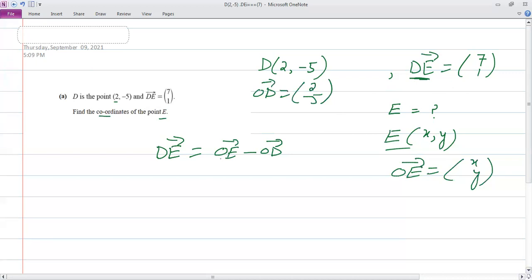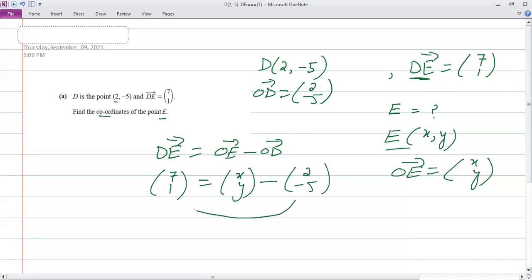Now write all these values here. DE is (7, 1). OE is (x, y). Minus OD is (2, -5).